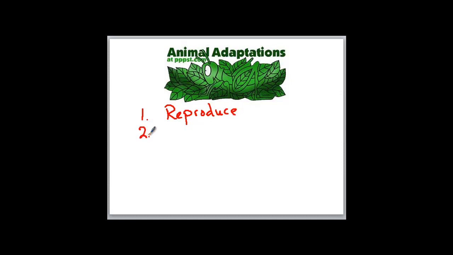It could be something like avoiding predators. So you could have mimicry, or camouflage, or speed, agility, the ability to fly. These things are created to avoid predators.